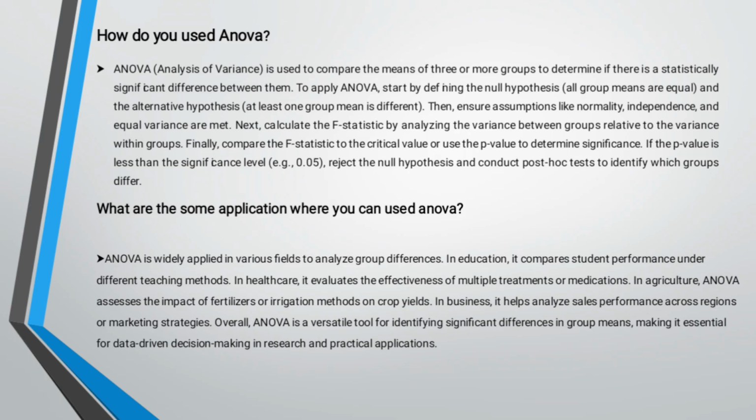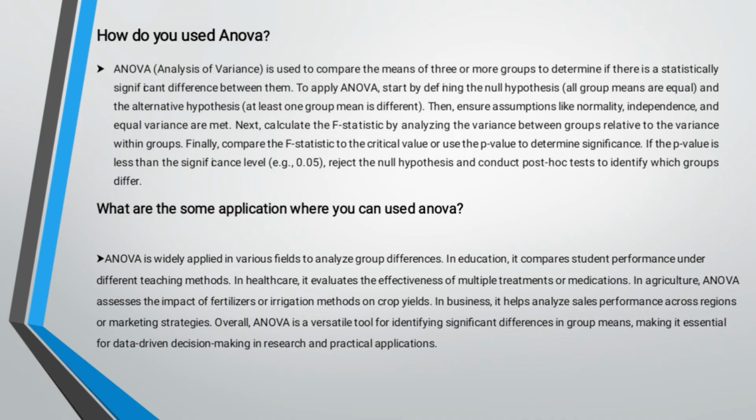Then ensure the assumptions like normality, independence, and equal variances are met. Next, calculate the F statistic by analyzing the variance between groups relative to the variance within groups.